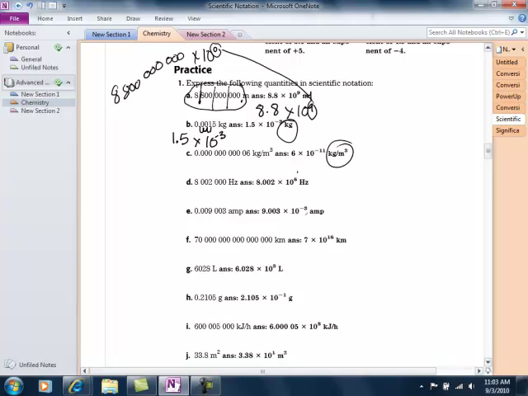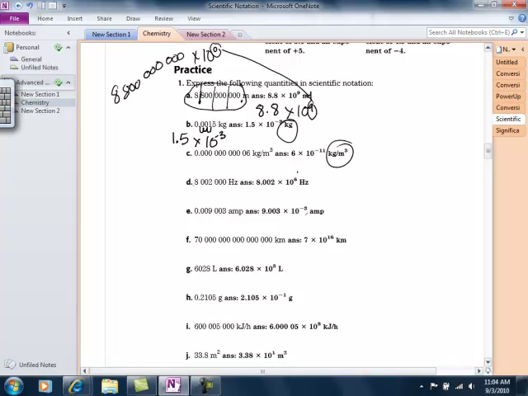So units are important. I haven't had an argument with a parent, but I know a teacher who has, and the parent adamantly said, my child had the correct numerical answer. But if there's no unit attached, I don't know if you're talking about cookies, liters, whatever. So you have to include a unit in your answer.